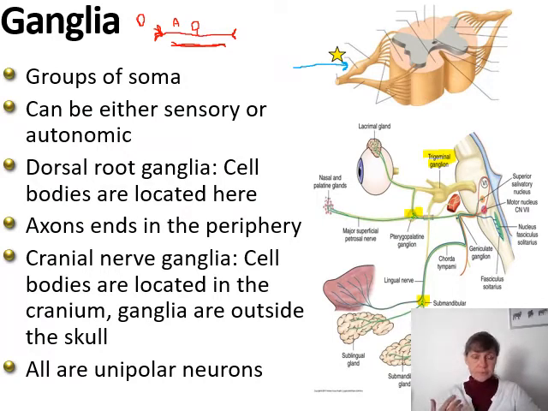So with cranial nerve ganglia, these are specific collections of soma associated with the 12 pairs of cranial nerves that we'll discuss in just a bit. And they're located outside the cranium, and all of these are basically unipolar neurons, because these are all sensory neurons that are involved with these ganglia.